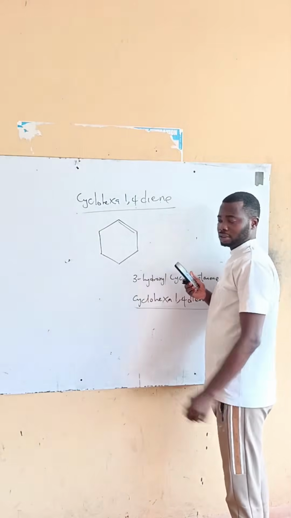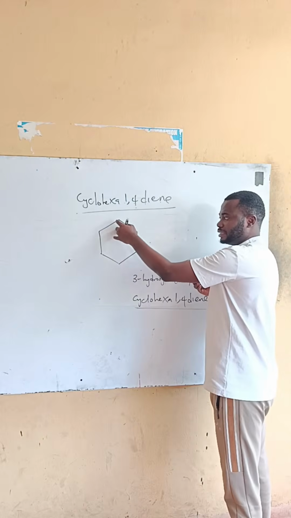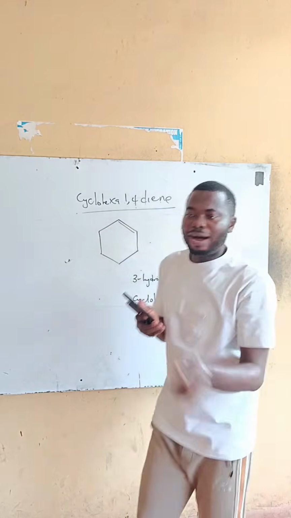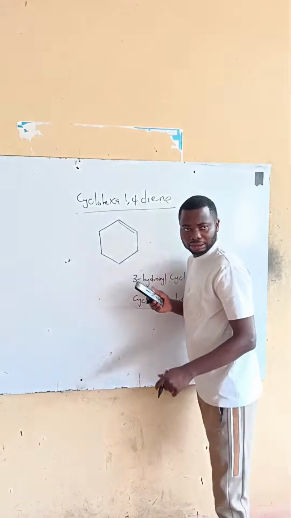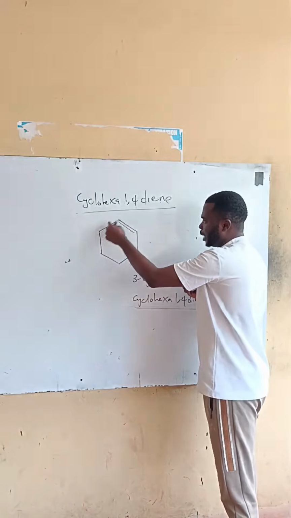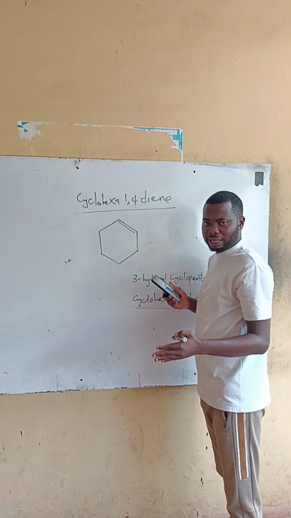Can you see number 1? So this is 1. Another thing is that anytime it is a double bond, you have to count 1, 2. Do you get what I said? That means you don't say 1, 2, 3, 4 for the double bond. Anytime you have the double bond, you count 1, 2.